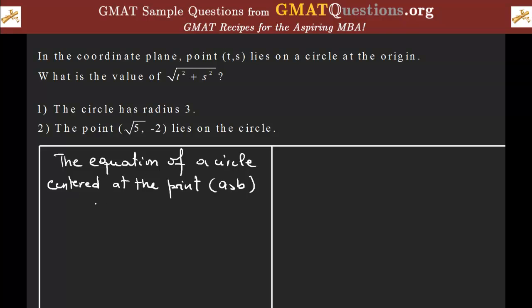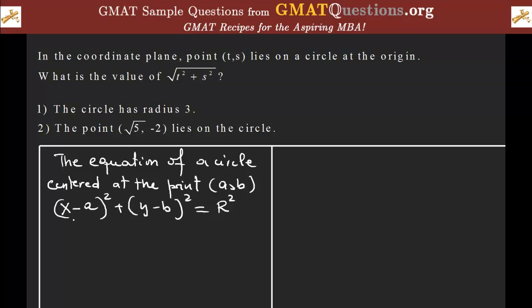So the equation is (x minus a) squared plus (y minus b) squared equals r squared.